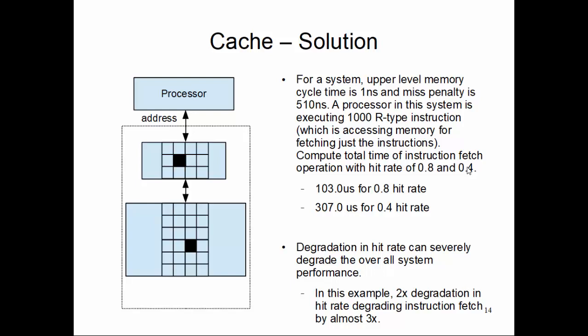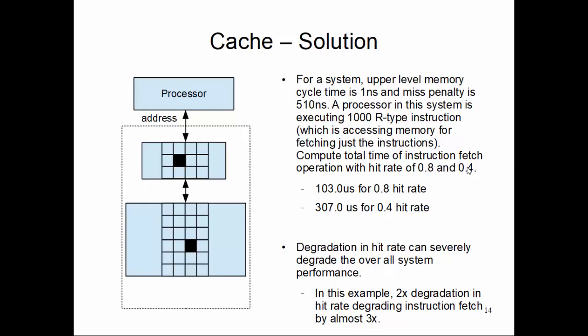We can approach this problem this way. For 1000 R-type instructions, let's first assume everything is available in the high level of memory. So that means 1000 times 1 nanosecond, which is about 1000 nanoseconds, which is 1 microsecond.